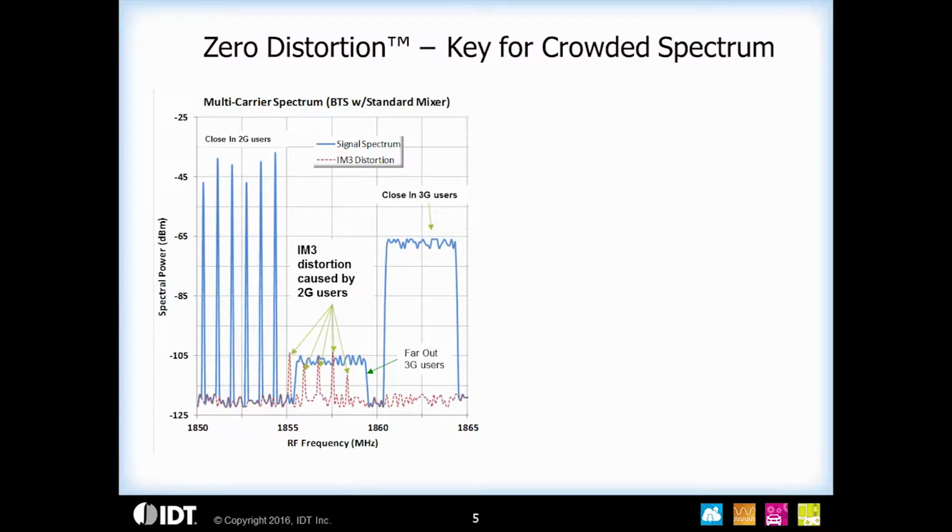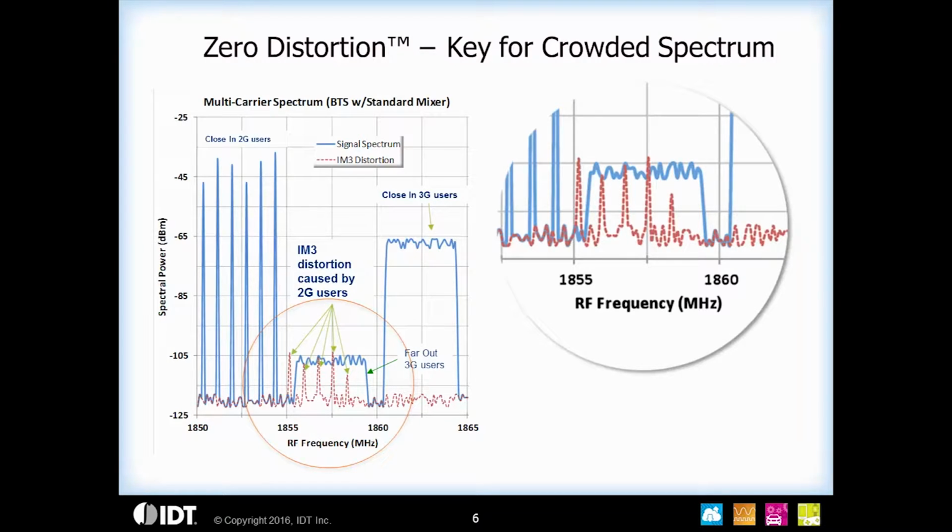Another unique technology from IDT is zero distortion. This technology is used in mixers, and with zero distortion, in a crowded spectrum, we are able to reduce or even eliminate third-order intermodulation distortion products. So they're greatly reduced, as you will see in this example.